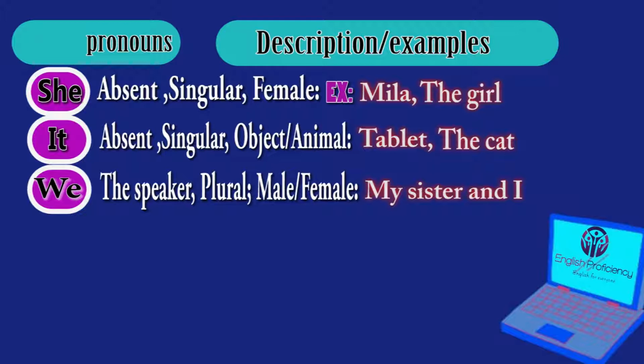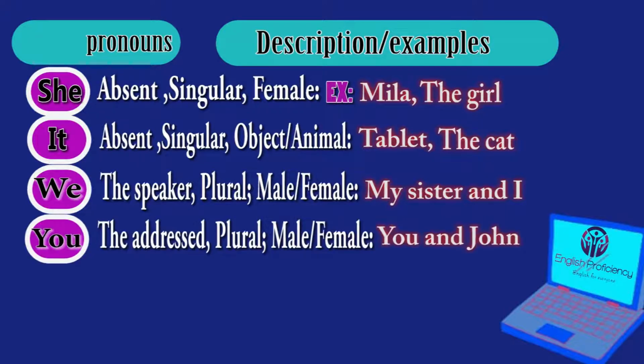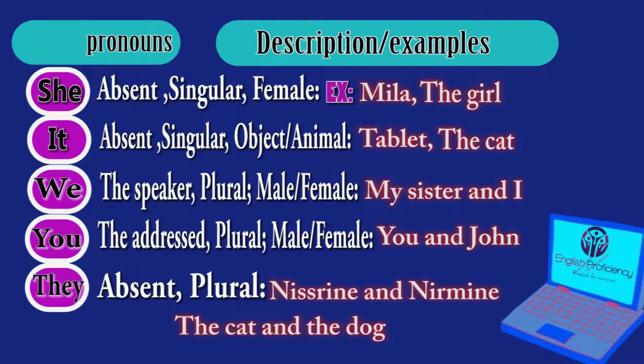Example: my sister and I. You: the addressee, plural, male or female. Example: you and John. They: absent, plural. Example: Nisreen and Nirmin. Another example: the cat and the dog.